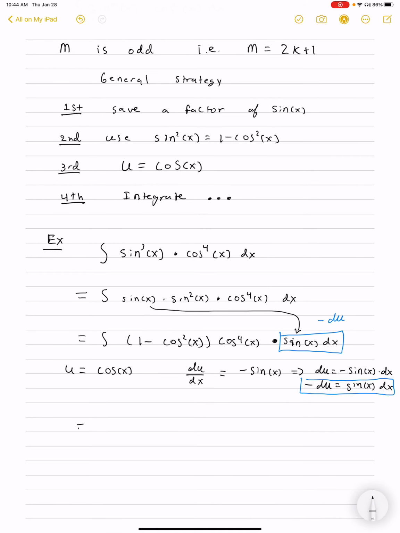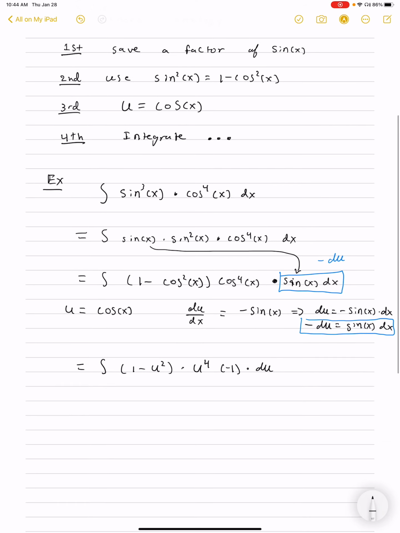So once we do our u substitution, I'm going to get 1 minus u squared times u to the fourth, because cosine of x is u. Then I'm going to have minus 1 times du, negative du.